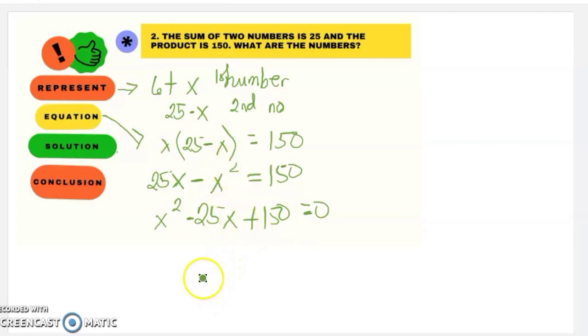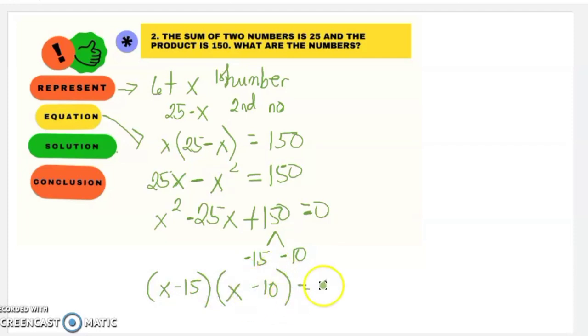Oh, pwede siyang 15 tsaka 10, di ba? So, ang factors ni 15 na para maging negative 25 pag pinag-add is negative 15 tsaka negative 10. Susundan. So, factors are x minus 15 or x minus 10 equals 0.